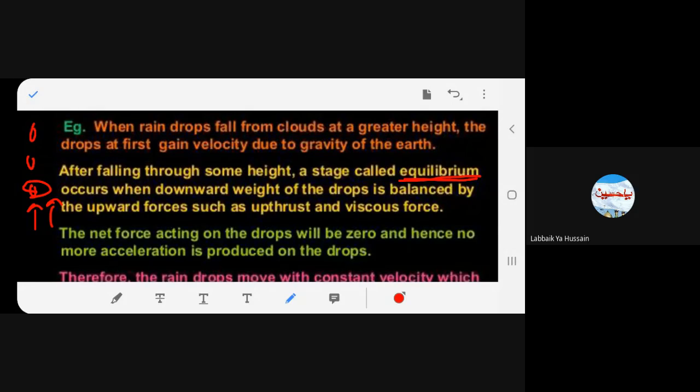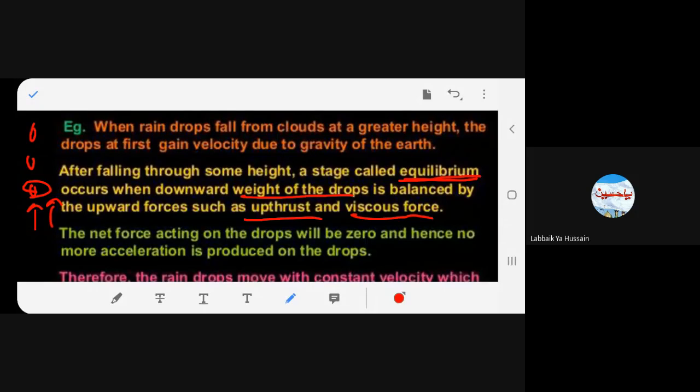Fluid. That fluid could be air or liquid. Now we are talking about the upward thrust, that is, air pushing the raindrop upwards. And the viscous force. What is the viscous force? The density of the water. Have you understood? So all these forces are working at that stage which we call the equilibrium stage. It balances the downward weight of the drop, the buoyancy or upthrust, and the viscous force.